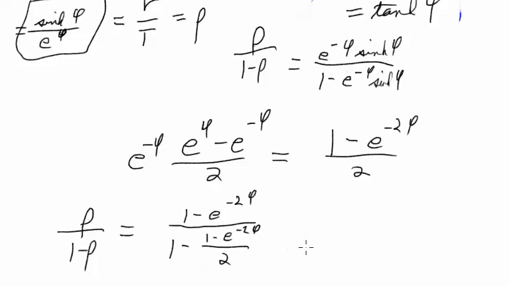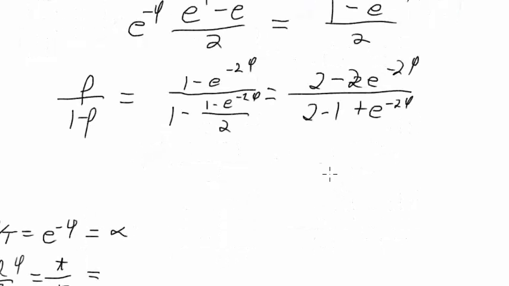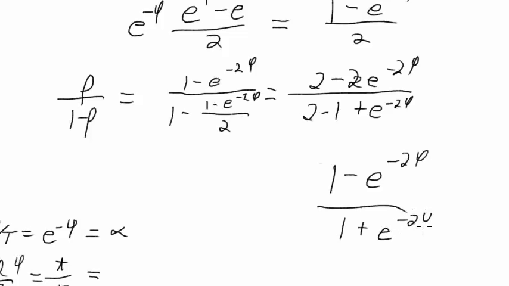Well, we're hoping to get hyperbolic tanh of phi out of this. So, 2 minus 2e to the negative 2 phi divided by 2 minus 1 plus e to the negative 2 phi, which is going to be 1 minus e to the negative 2 phi divided by 1 plus e to the negative 2 phi.